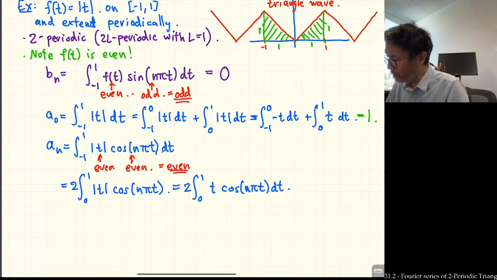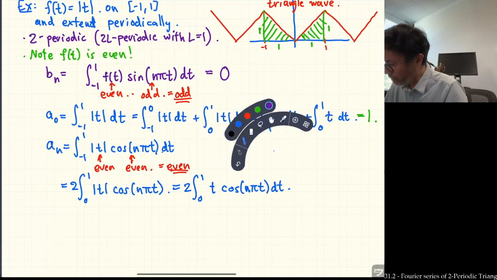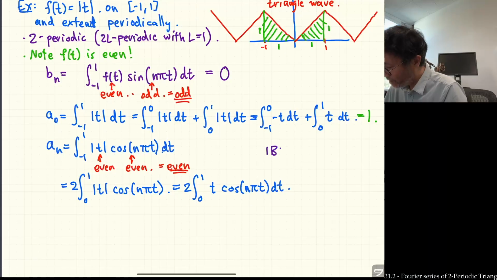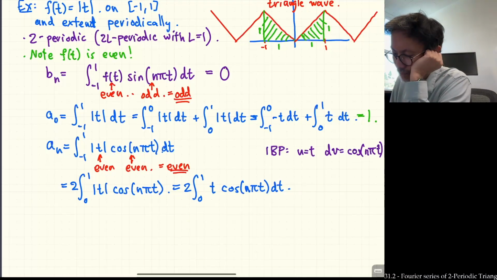You're going to let u equal t. Can I do the scratch work up here? We're going to let u equal t, and we'll let dv be cosine of n pi t dt.